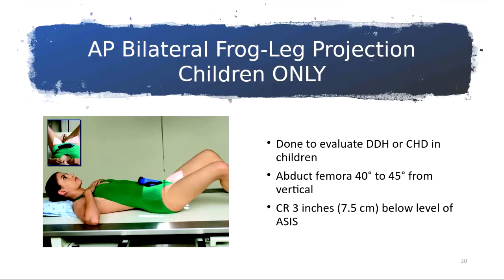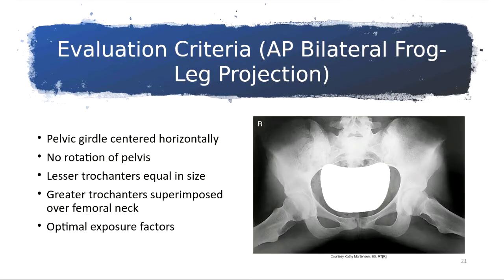If you were doing this for the hips for DDH or CHD, it would be appropriate to shield both males and females, because all they're typically concerned with when they're doing this is the hip joints themselves. So ovaries could be covered, testicles could be covered. That's not going to obscure any anatomy when they're looking at the acetabulum and the head of the femur.